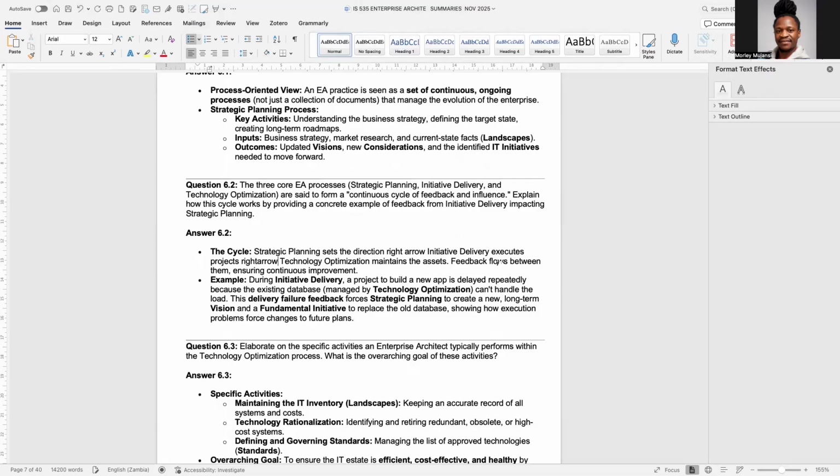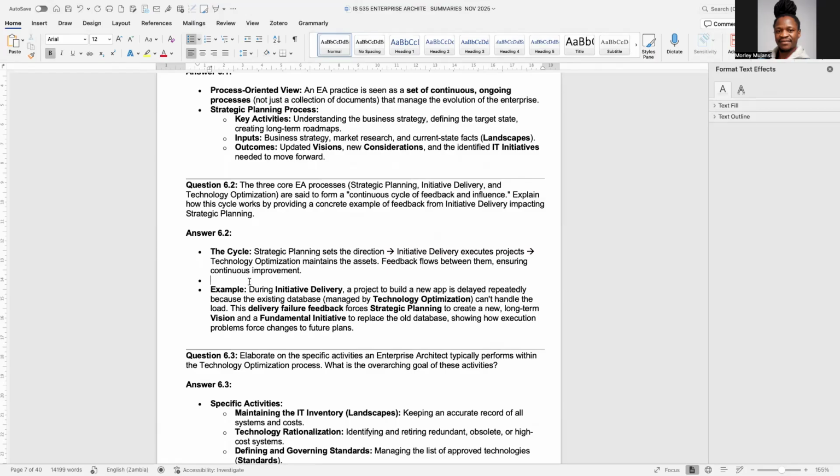This is what I was trying to draw here: strategic planning sets the direction, then from initiative delivery there is execution of projects, and then technology optimization maintains the assets. These are the stages, the cycle that we need to go through.